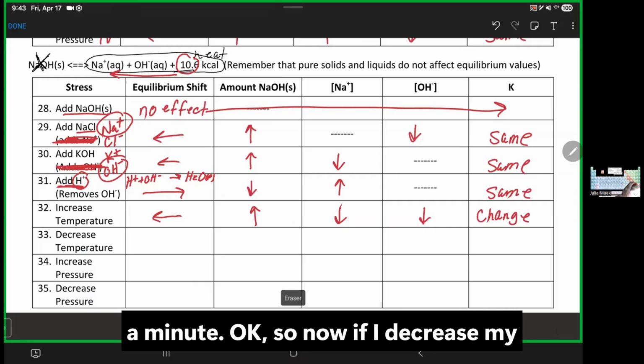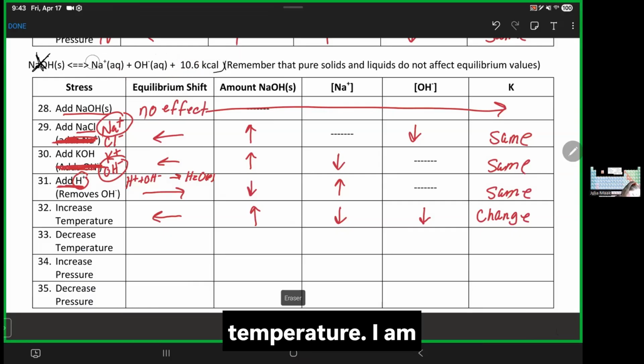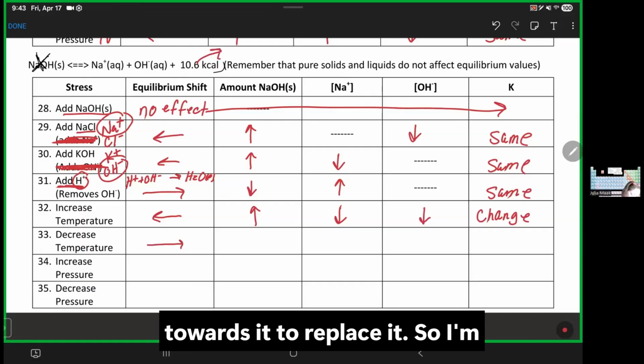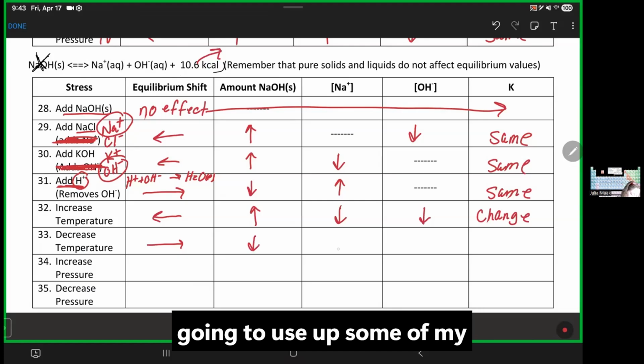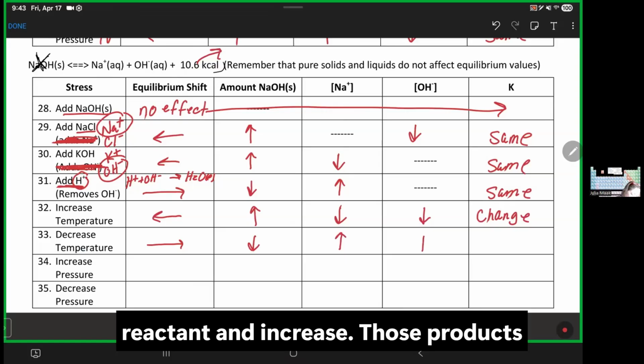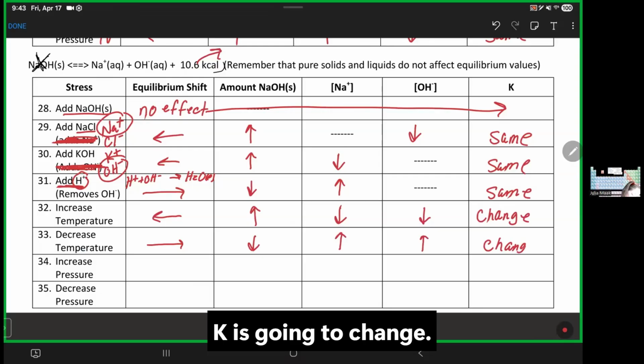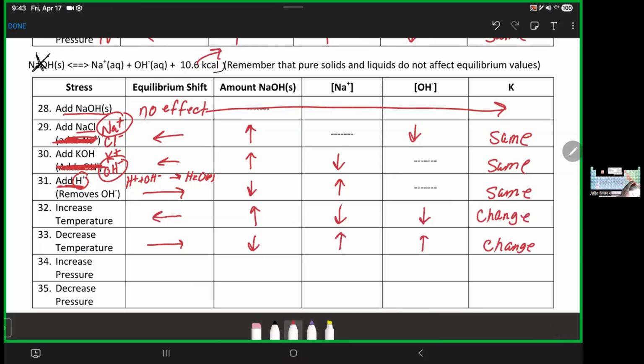Okay, so now if I decrease my temperature, I am removing heat, so I need to shift towards it to replace it. So I'm going to use up some of my reactant and increase those products. And because it was temperature, your K is going to change.